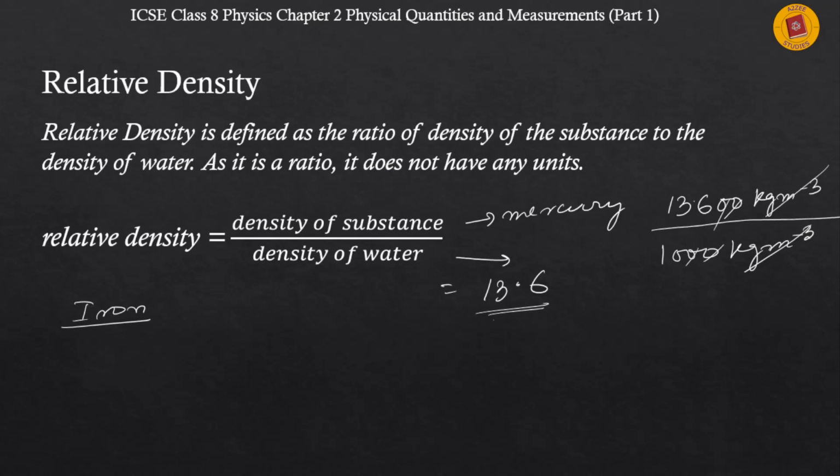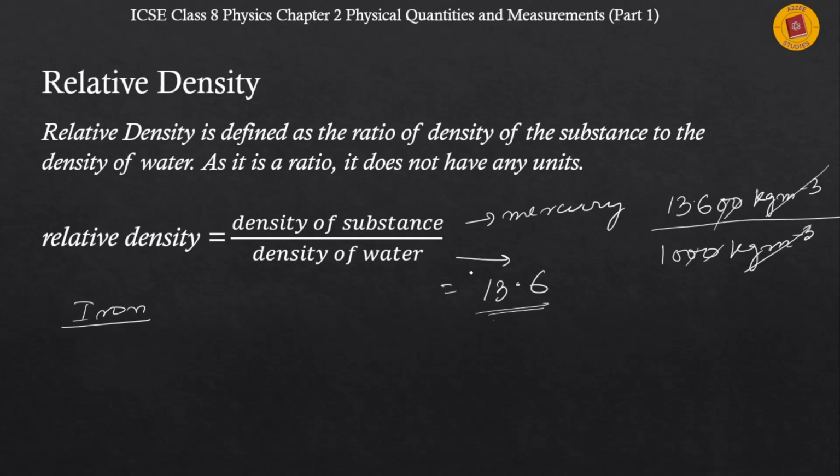Now again, how can we measure the relative density of a liquid? In this way we can measure the relative density of a solid, and we can easily measure the relative density of any substance. The density of the substance we can find out by the earlier processes, by measuring the mass and dividing it by the volume of the substance.